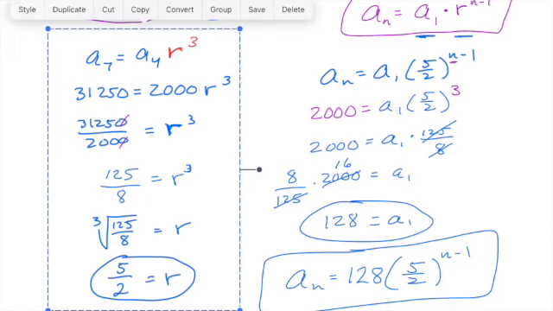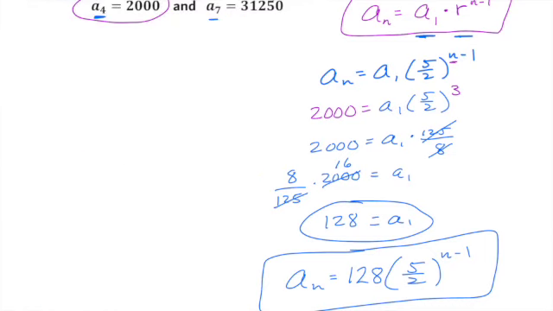So I'm just going to take this chunk out, and I'll just say, suppose you know the formula, though, you're working with that basic formula of a sub n is a sub 1 times r to the n minus 1. If I have a sub 4 is 2000, that means when I substitute in 4, I'm going to get 2000.